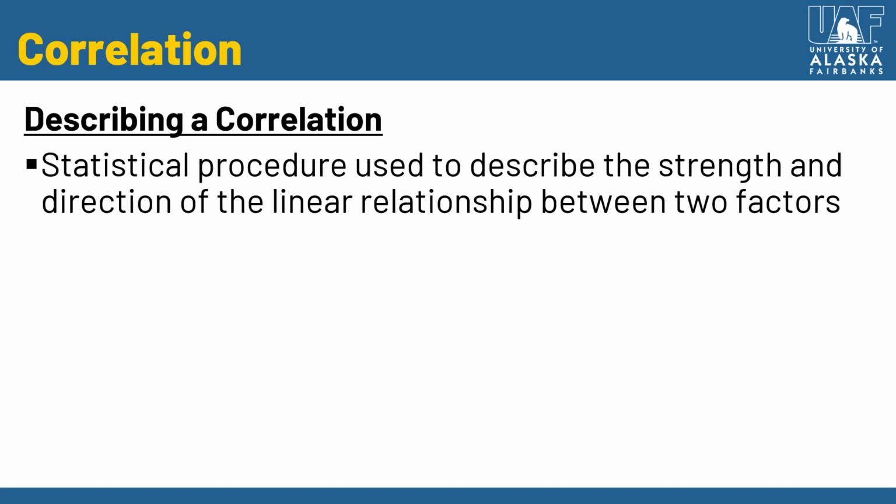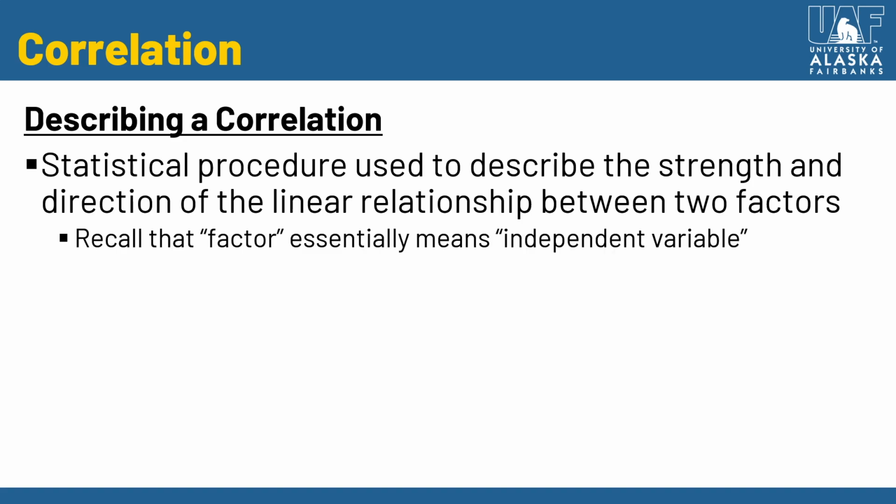Basically, we're describing the strength and direction of a relationship between two factors, or in other words, we are describing the relationship between two factors in terms of a line, a line that fits the data and portrays the relationship in terms of its strength and direction. We'll get to that in more depth.